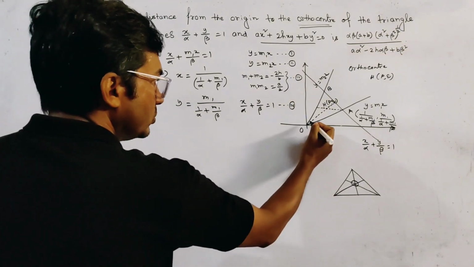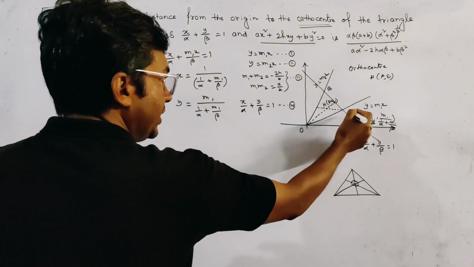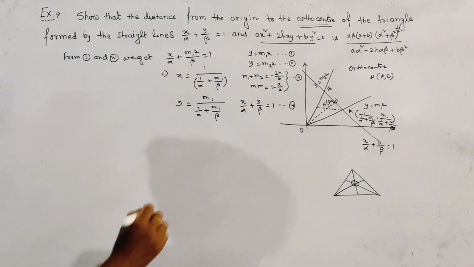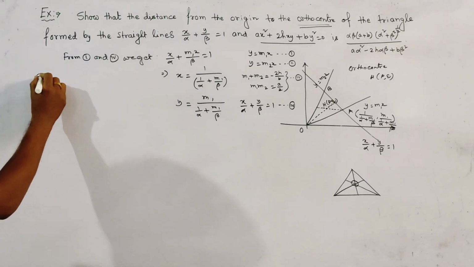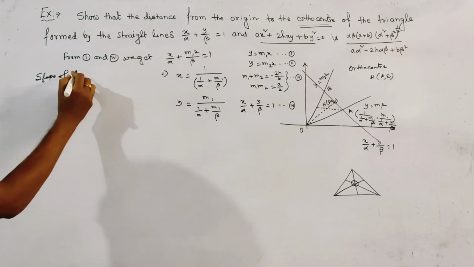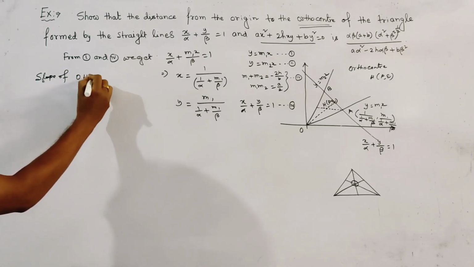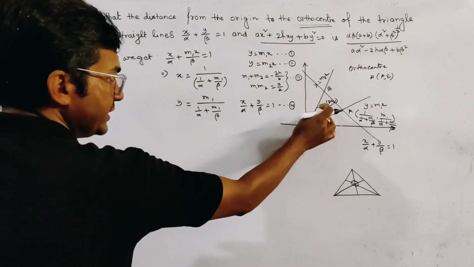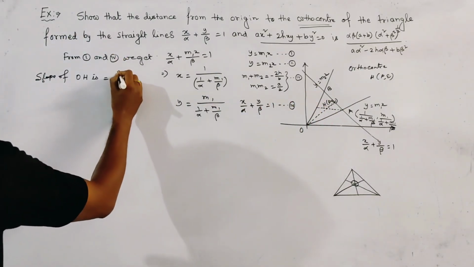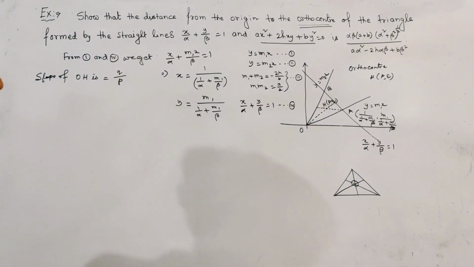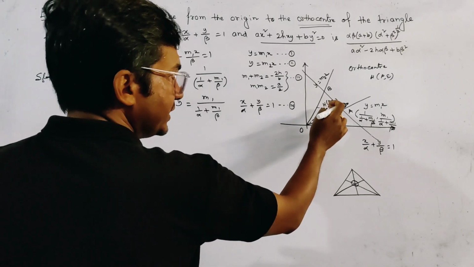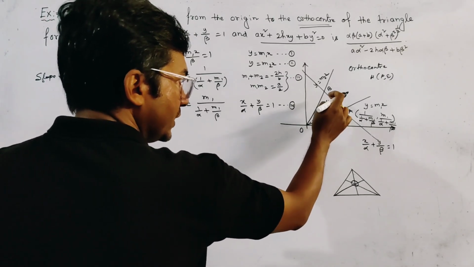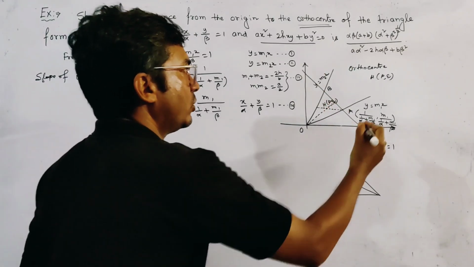Now the line OH is perpendicular to AB. So the slope of OH is obviously Q/P, because we let this point (P, Q) be the orthocenter.